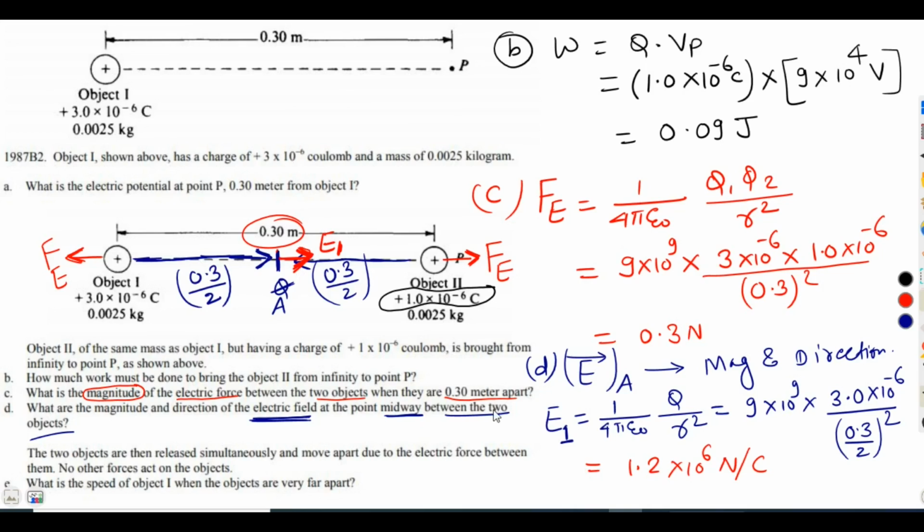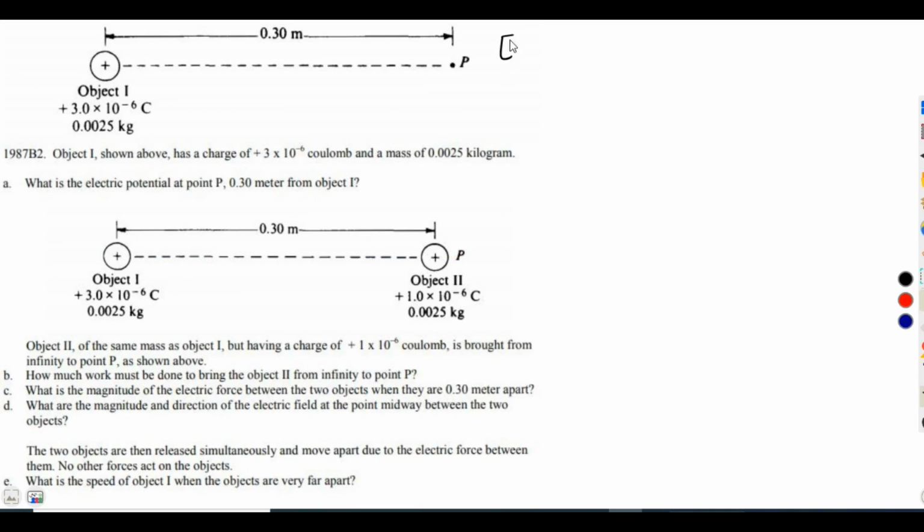Let us calculate the electric field due to object 2. The electric field due to object 2 will be towards the left hand side, right? Its value we can find. The electric field due to the second object will be 1 by 4 pi epsilon naught q upon r square.